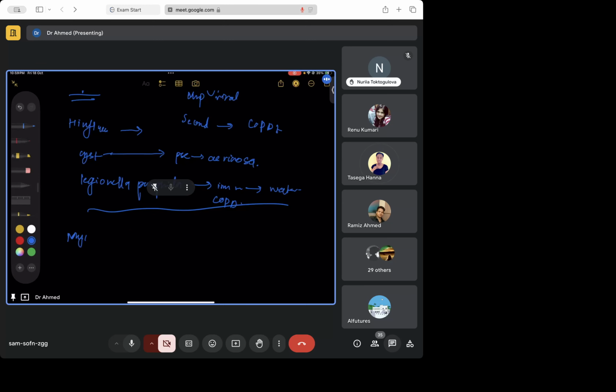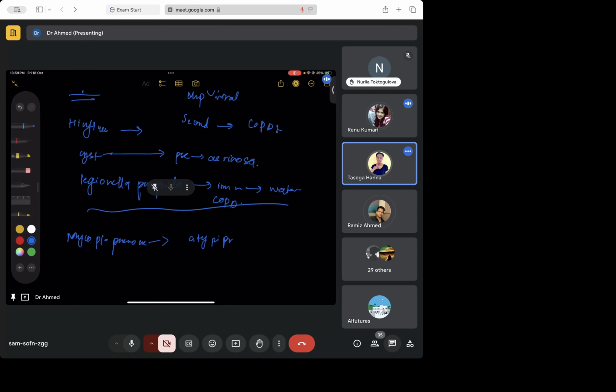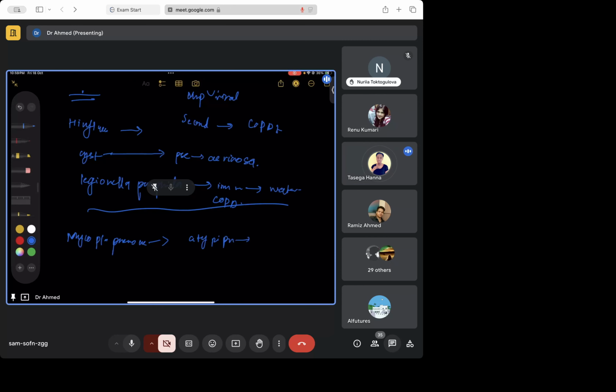Mycoplasma pneumonia is the most common cause of atypical pneumonia. Which kind of individuals are prone to have mycoplasma pneumonia?